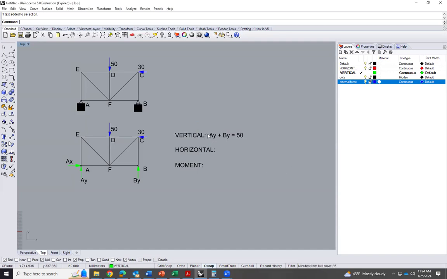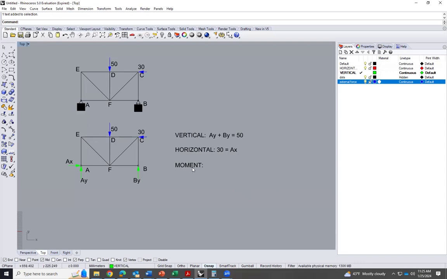So that's the equation of vertical equilibrium. What about horizontal? Horizontal is pretty straightforward. What goes left? 30. 30 is the force that goes leftwards. What goes rightwards? AX. So AX in this case, we can calculate it very easily.